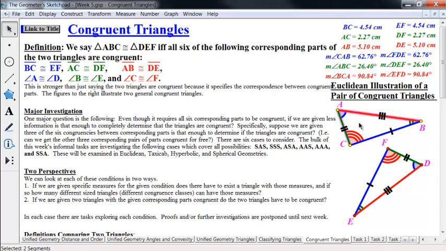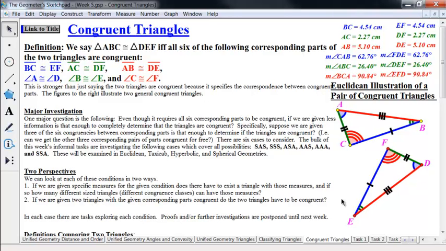Remember, the angle actually is not really the two sides, it's the rays AC and AB together that form that angle. But we say that these two sides include angle A. And then the other side is the side that's opposite angle A. So there's some terminology there as well.